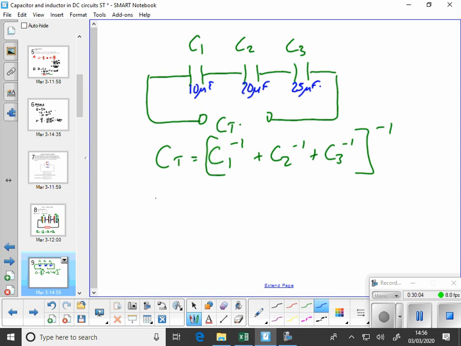CT is equal to brackets, 10 to the minus 1, they're all microfarads, so we ain't got to worry about powers of 10, 20 to the minus 1 plus 25 to the minus 1, all to the minus 1. Do that calculation for me, please.